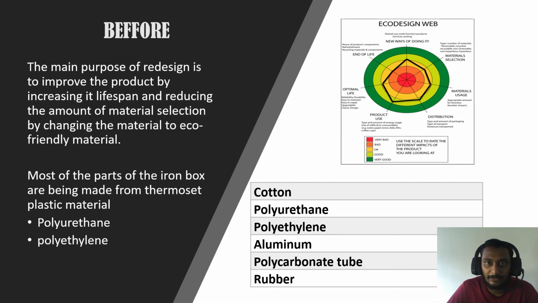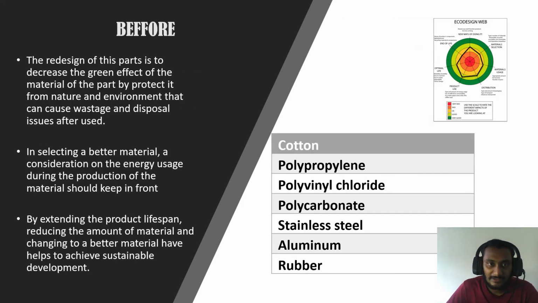This is at the end of the life of the material and the parts when it comes to wastage and disposal issues. The redesign of these parts is to decrease the green effect of the material of the part by protecting it from nature and environment that can cause wastage and disposal issues after use.